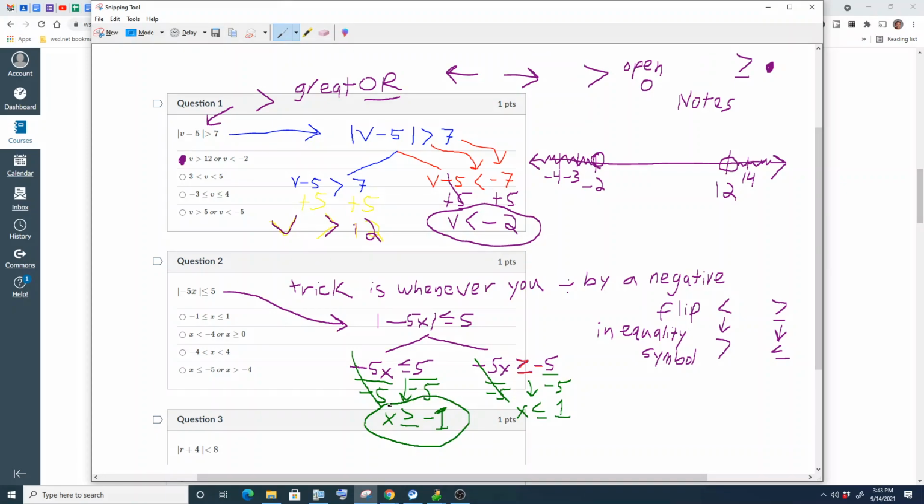Now, how we know that we did that right with the whole flipping thing when you divide by a negative is, go back to the original. It said it's a less than, right? And so less than means between negative 1 and 1, we're going to be a solid dot. And we're going to want everything in between, including 0.